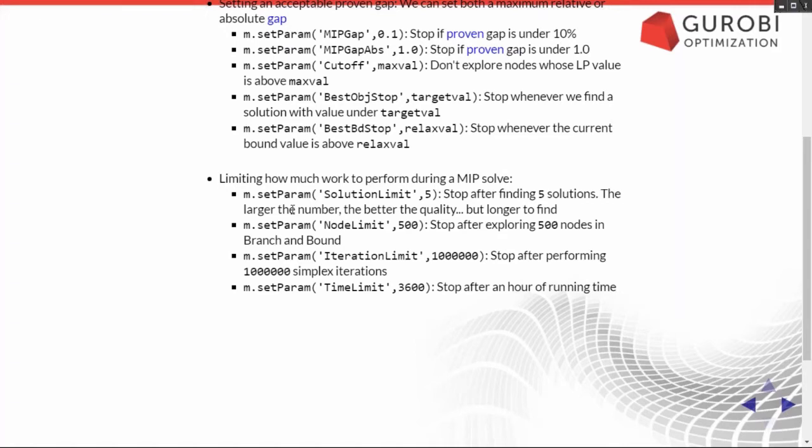One of them is the solution limit. What does this mean? It means, with the solution limit set to 5, it's telling Gurobi to stop whenever it finds a 5th solution, regardless of the quality. So again, if you set that number to, let's say, 1, it will stop right away whenever it finds the first solution, no matter what the quality of the solution is.